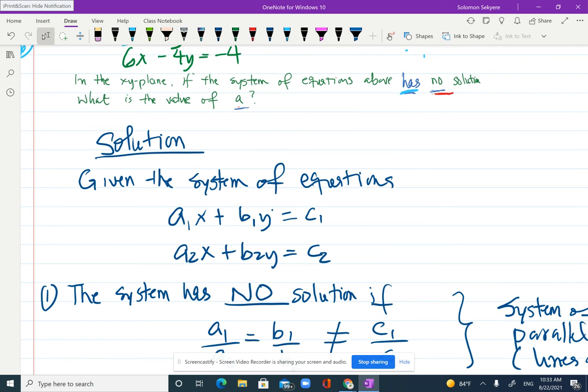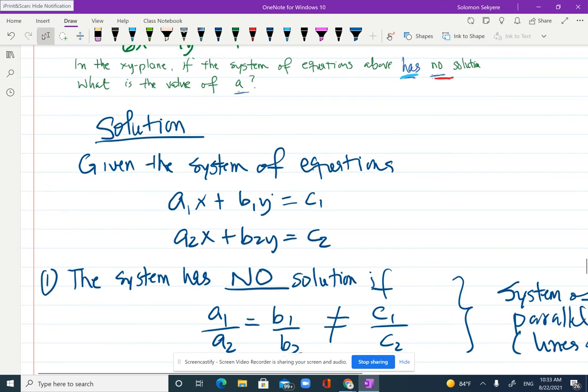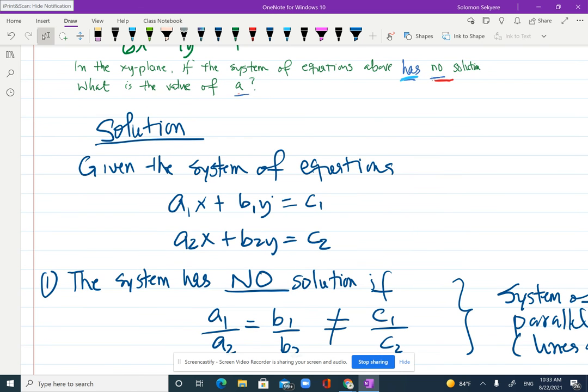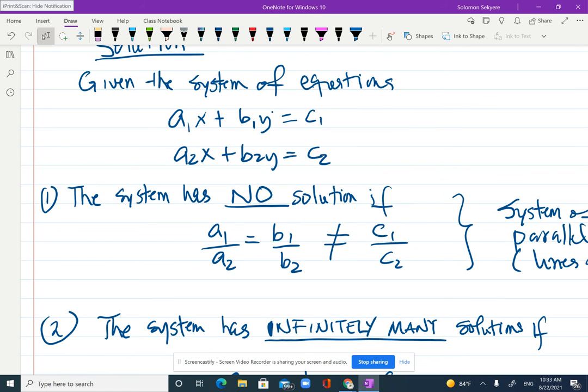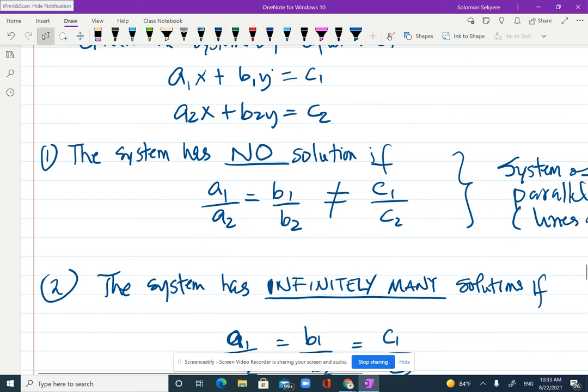So I give you a quick summary. If you're given any system of equations, a1x plus b1y equals c1 and a2x plus b2y equals c2, the system has no solution if the ratio of the coefficients of the x's, a1 over a2, is equal to the ratio of the coefficients of the y's, b1 over b2, but not necessarily c1 over c2.